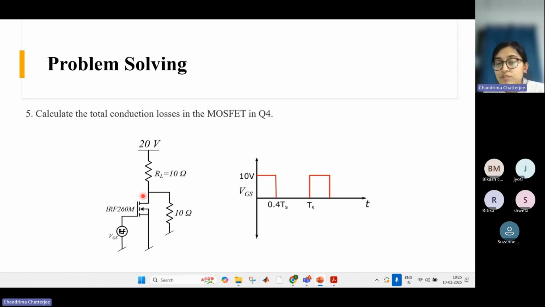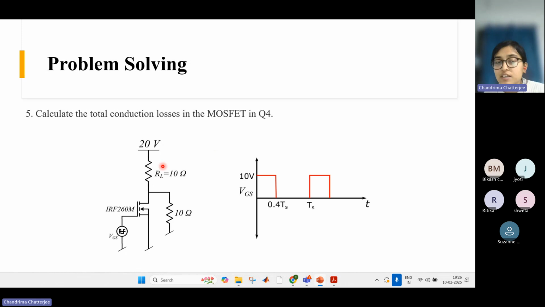RDS on is the resistance of the channel when the MOSFET is on. I already told you that a channel is formed when the MOSFET starts conducting. So there is some resistance of the channel, which is a very low value, and that resistance value is provided in the data sheet.